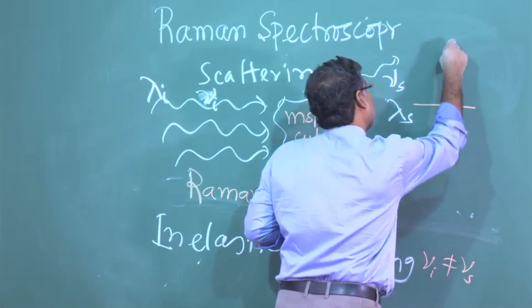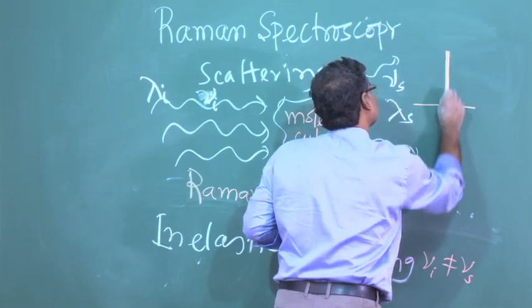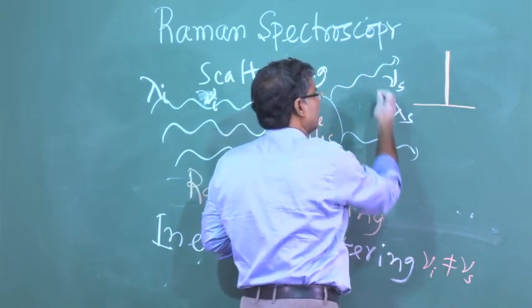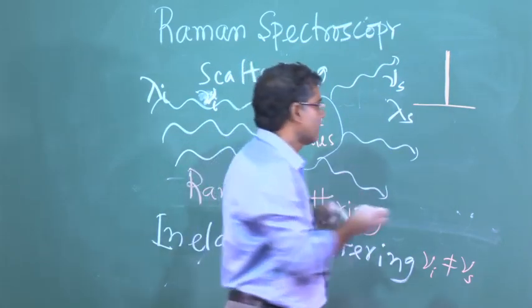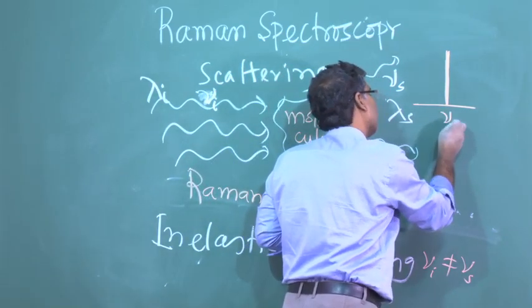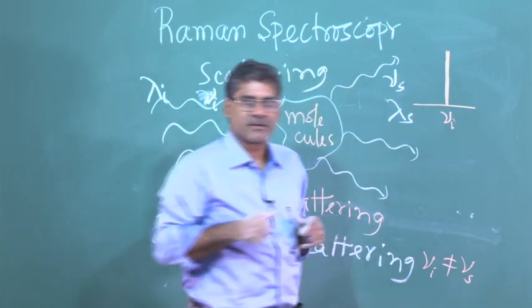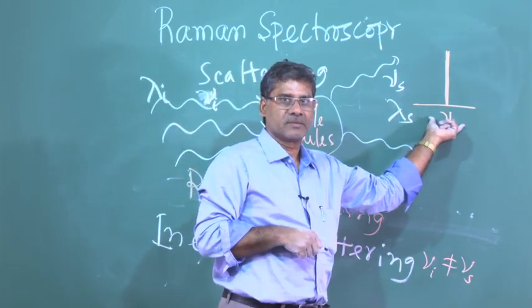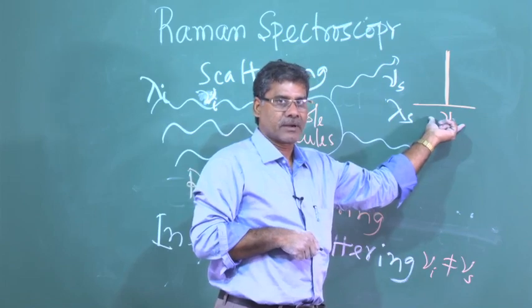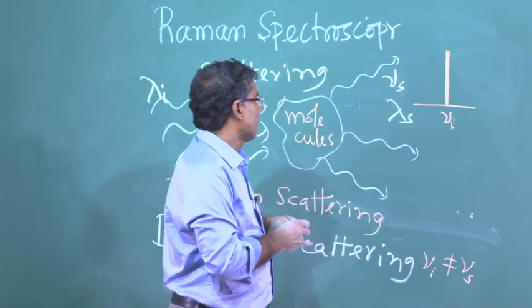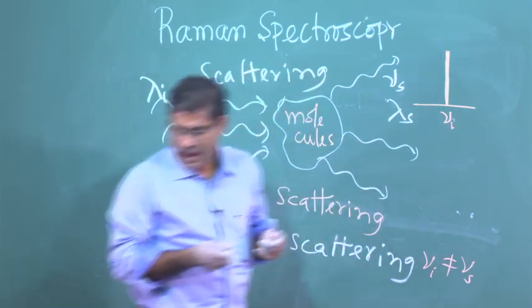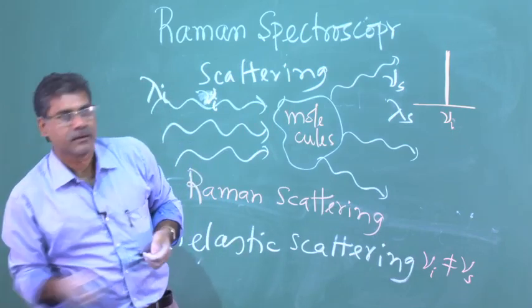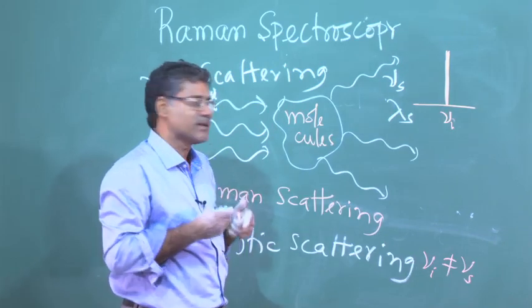one strong line having the frequency of the incident light or radiation, and then two additional lines, but very weak lines.